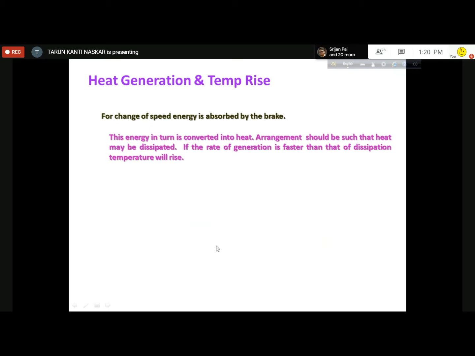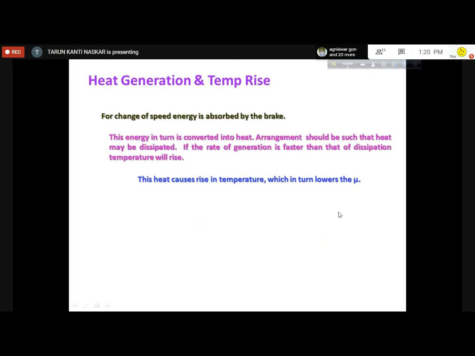And if the rate of generation of heat is faster than that of the dissipation, then the heat will build up, and the rise of temperature lowers the value of mu.